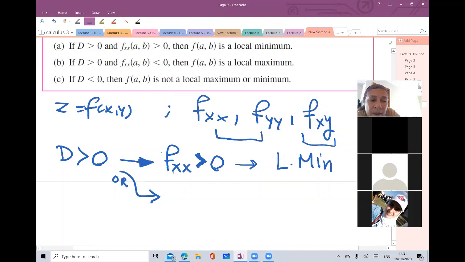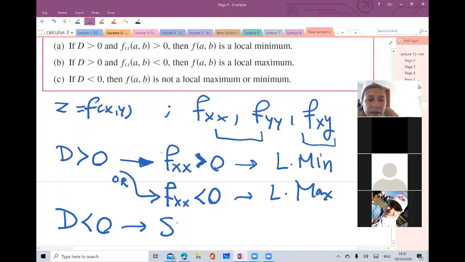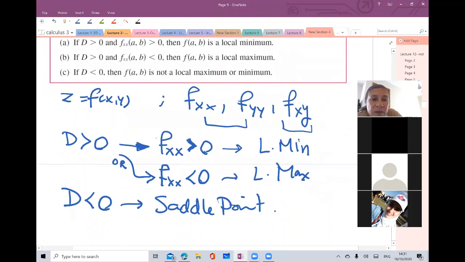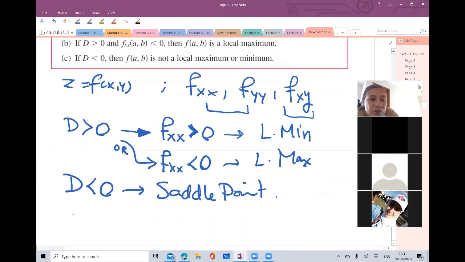Or if fxx is negative, then I have a local maximum, okay? Else, if D is negative, then I have a saddle point. These are the three cases that I can determine my problem from using this expression.